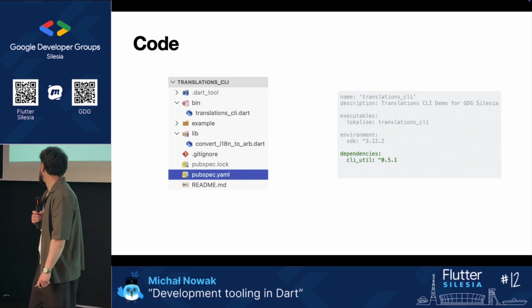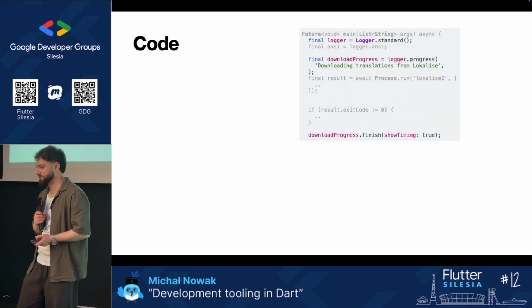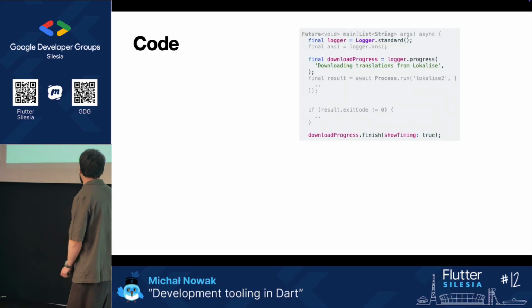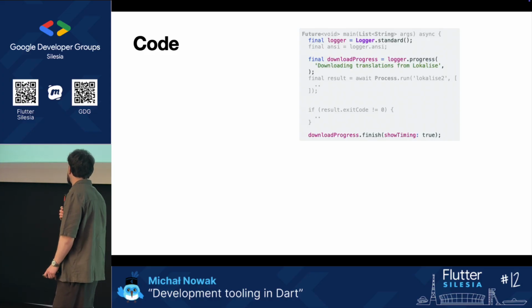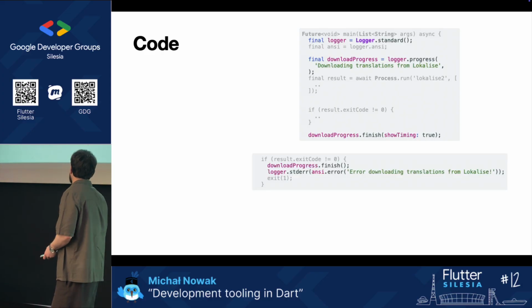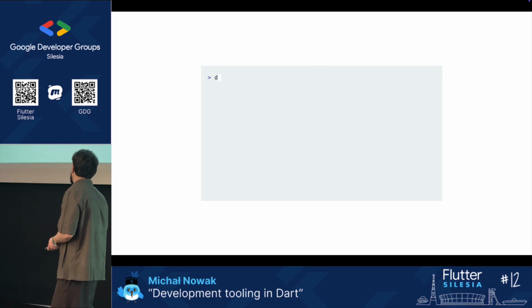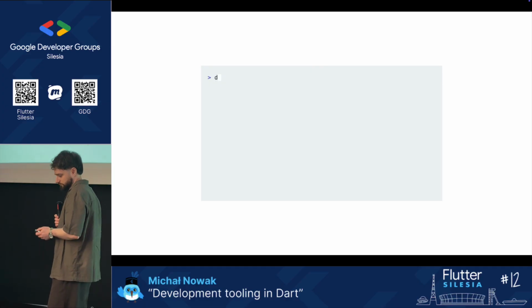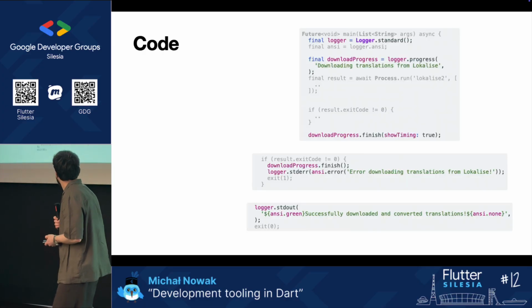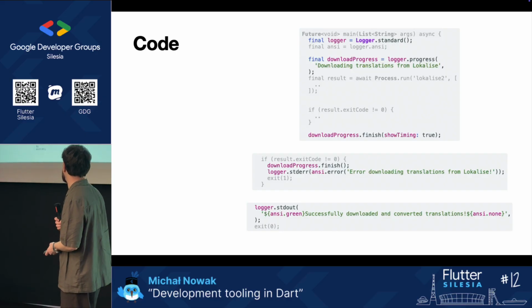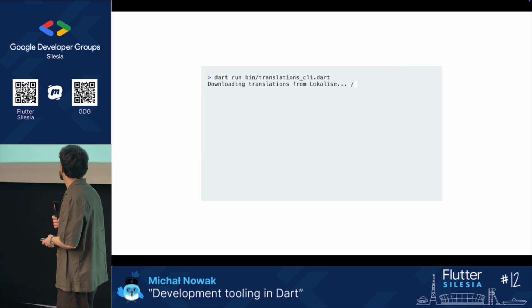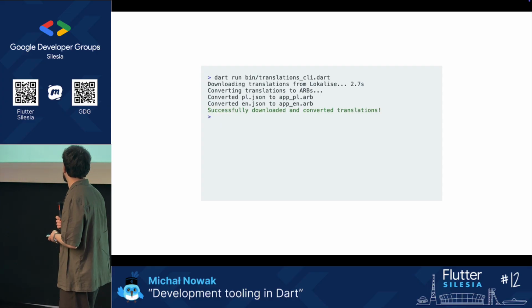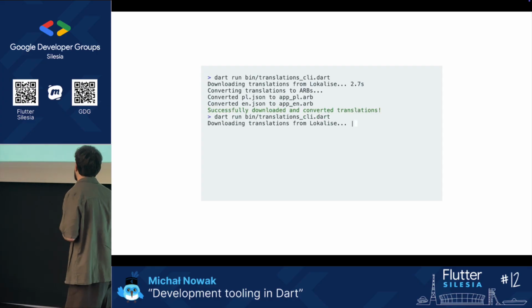And after adding it to our dependencies, we can just use some of the code to add the logger. And also we can do cool stuff like defining the progress and then finishing it, showing the timer. We can also change the color of the text to be red, for example, for errors, or to be green, like that. And yeah, I think this already looks a bit better.